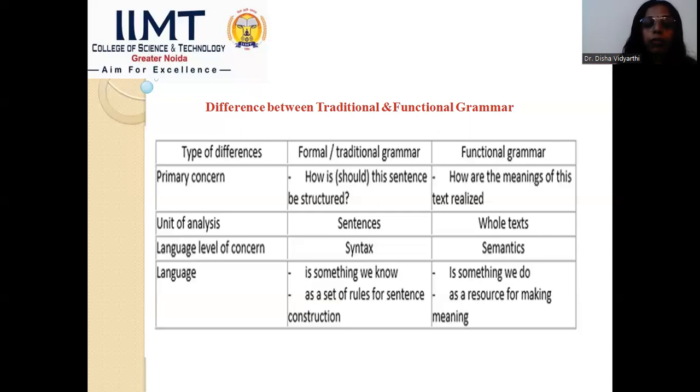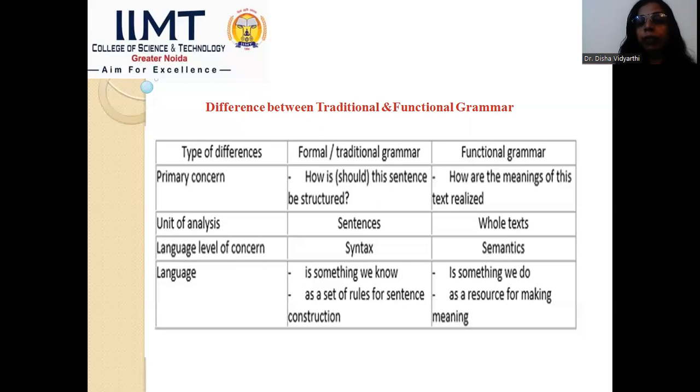Now, on the level of language concern, in traditional grammar, it is the syntax. It means, are the words and the sentences following the trail of grammatical rules? The formation of the verb, the placement of the verb, the subject-verb agreement, these kinds of formation and the syntax are more important in traditional grammar. On the other hand, in functional grammar, the meaning is very, very important. The focus is not just on the grammatical setup or the structure.